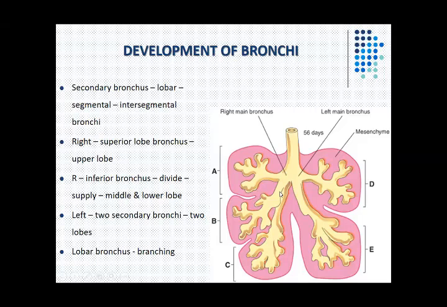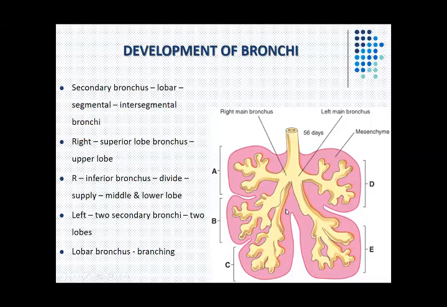The inferior bronchus divides into two bronchi. The upper one goes to the middle lobe, and the lower one goes to the lower lobe. On the left side, you just have two secondary bronchi that go to the upper lobe and the lower lobe.